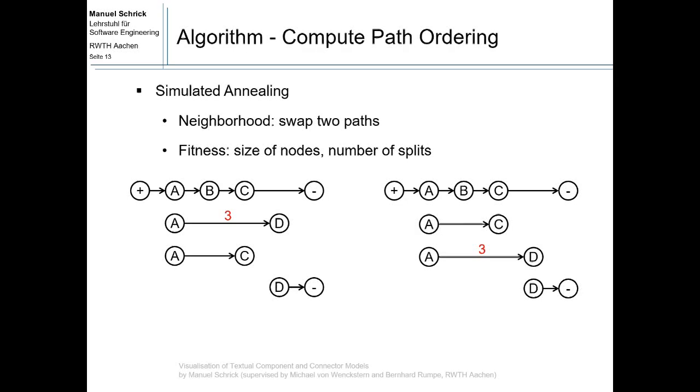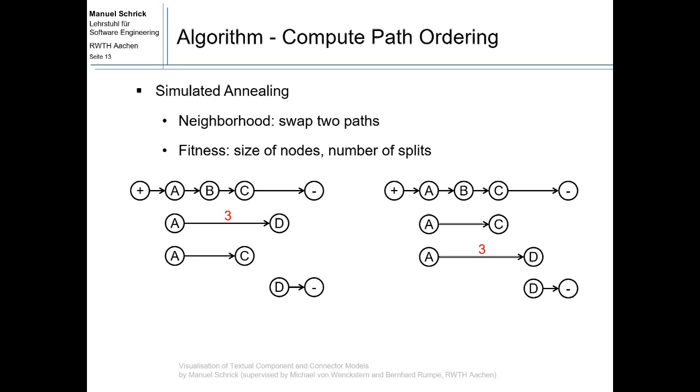So the connection from A to D goes through the component C, which would be included negatively in the fitness function. And we calculate a candidate solution or a candidate ordering by just swapping the places of two randomly picked paths.